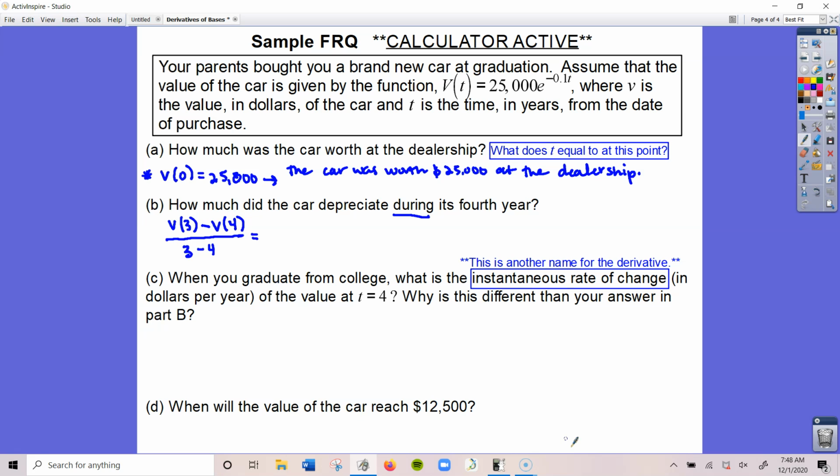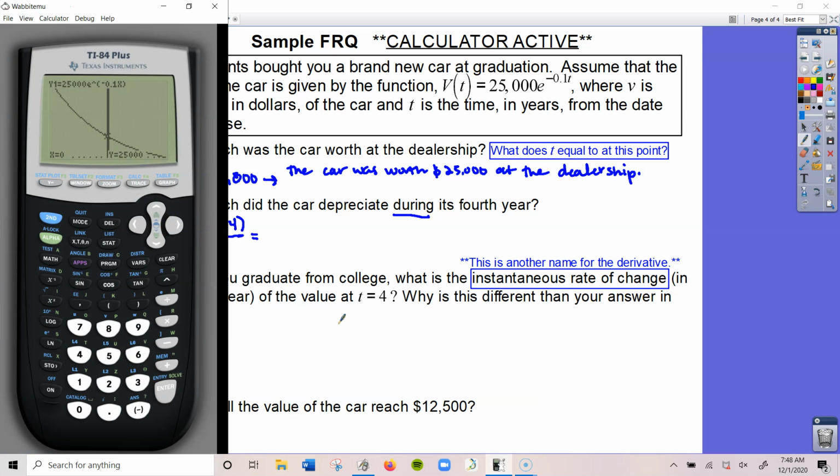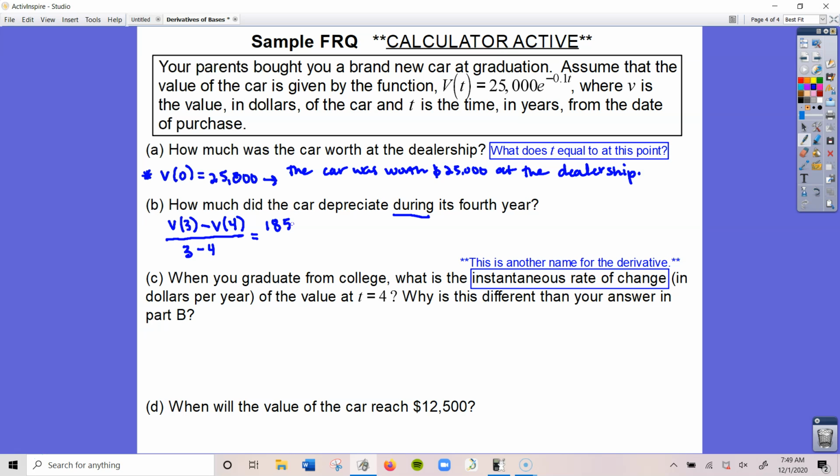So again, I'm going to go ahead and use my calculator for that. I'm going to go back to my second calc menu, go to value, and I'll press 3 for my v of 3, and I get 18,520.456. So I'm going to go ahead and write that down. And I'm going to now find v of 4.